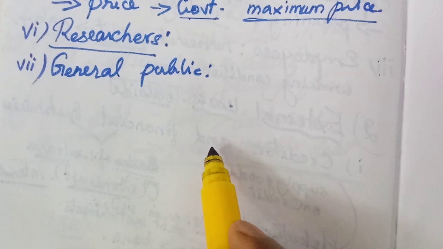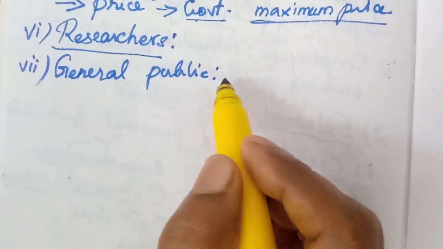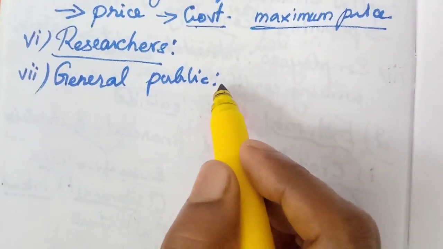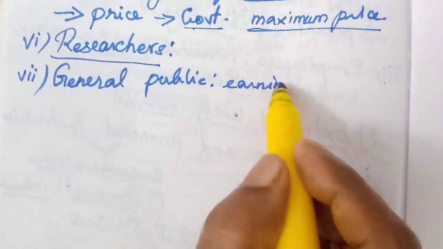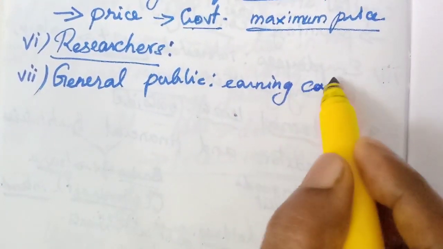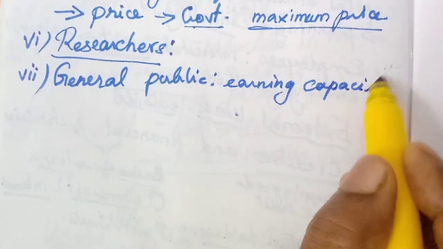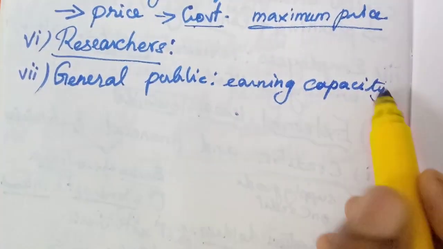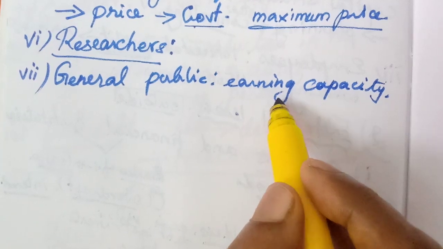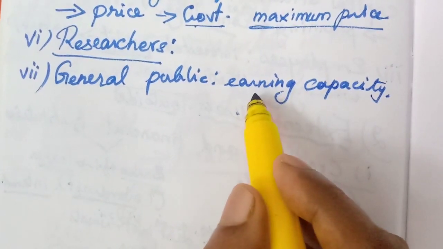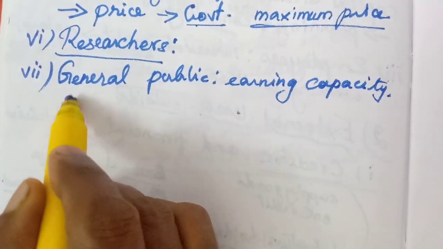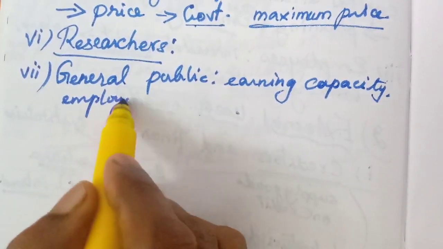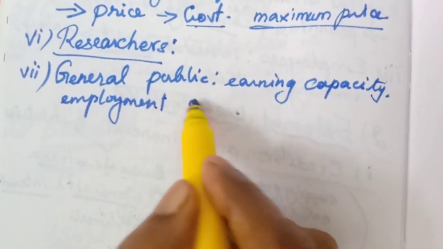They also need this accounting information. For what? Everybody will be worrying about the earning capacity, isn't it? How much they earn. If they earn more money, more profit, then they will be thinking, okay, we can have employment opportunities. For employment opportunities.